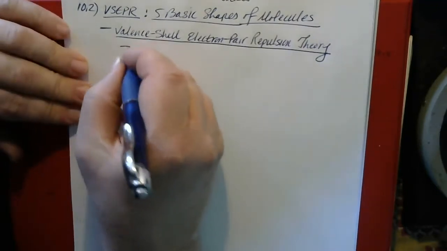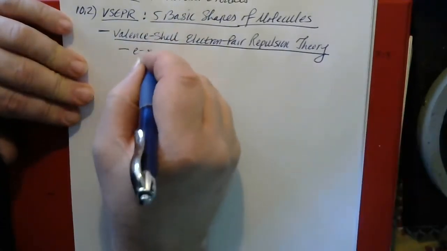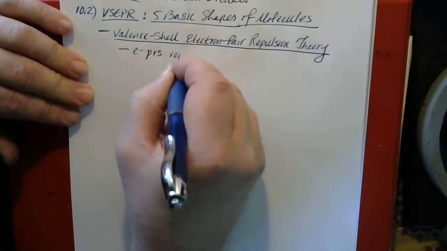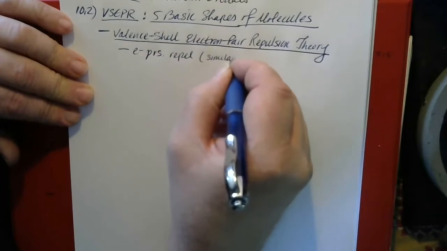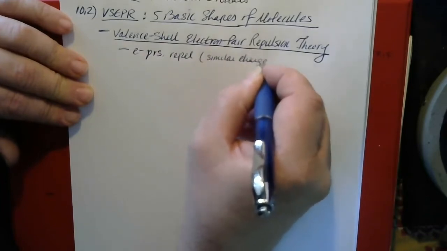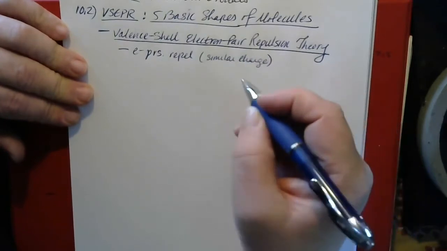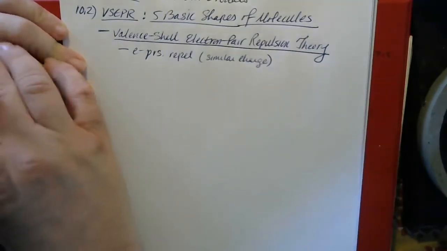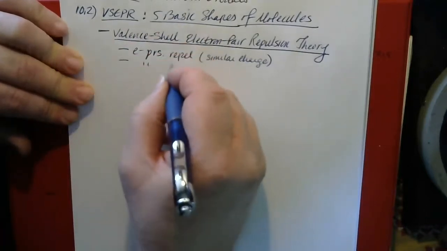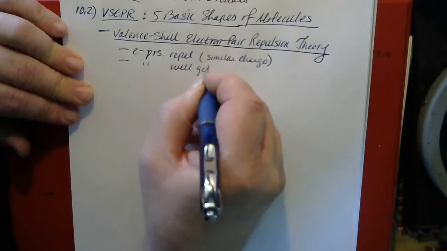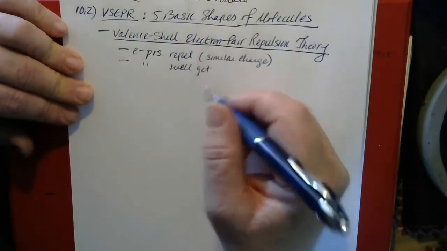What it says is that electron pairs repel each other. Because, of course, they have similar charge. They're negatively charged. So, of course, one negative charge is going to repel another. As a consequence of that, electron pairs will get as far apart from each other as possible in 3 dimensions.